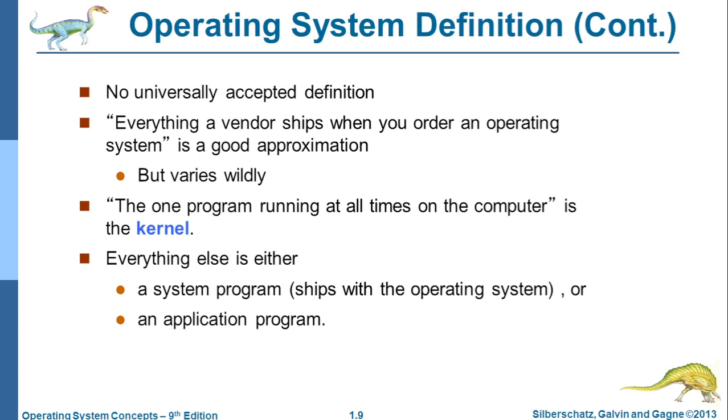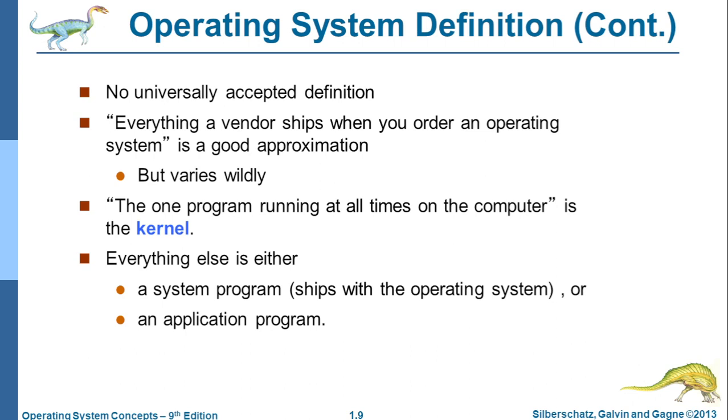So, as we know, there is no universally accepted definition. There are many different definitions of operating system. A good approximation is everything a vendor ships when you order an operating system. The one program which runs all the time in the computer is called the kernel.